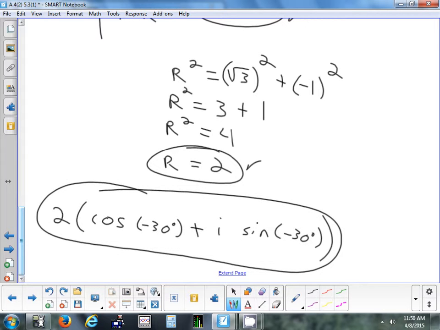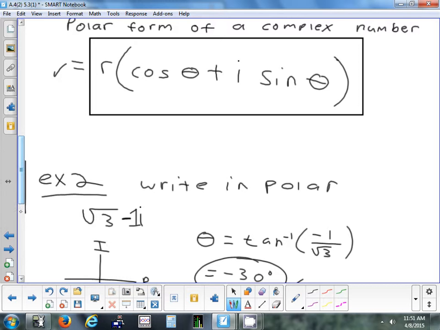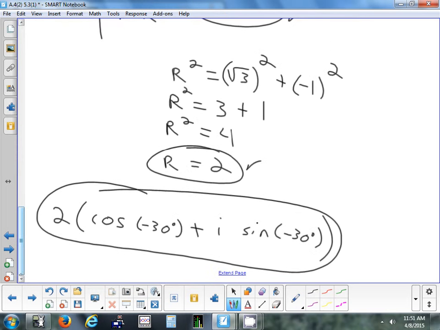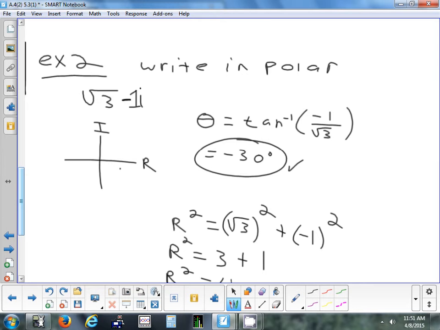Don't work that out. If you were to find the cosine of negative 30 and multiply it by 2, you'd be changing it back to what we started with. Same thing if you took the sine of negative 30 and distributed the 2 to it, you'd be changing that back to what you started with.